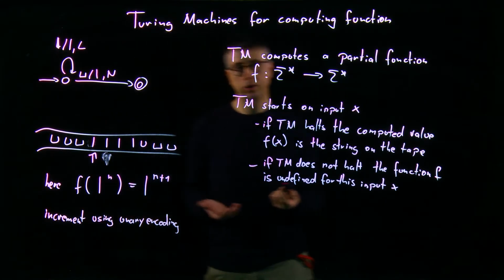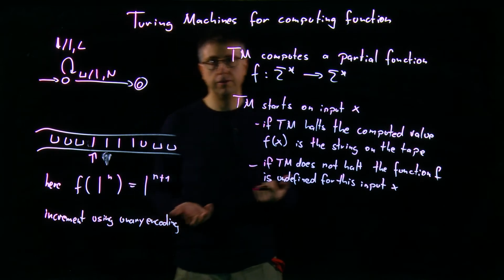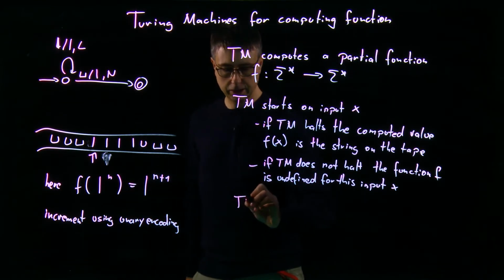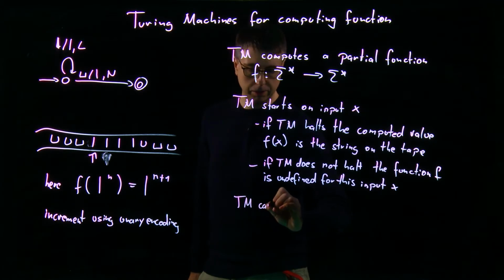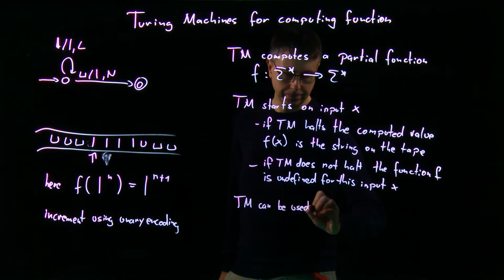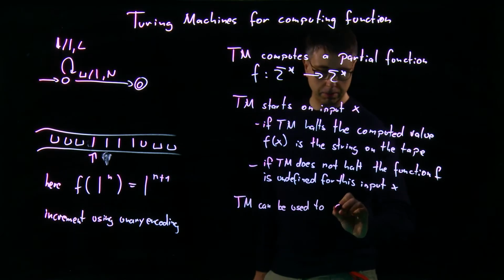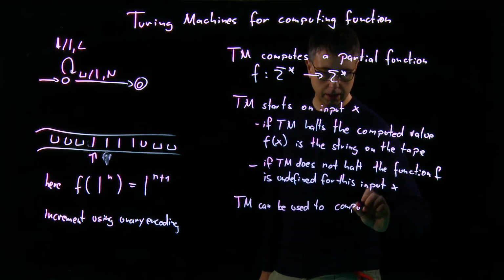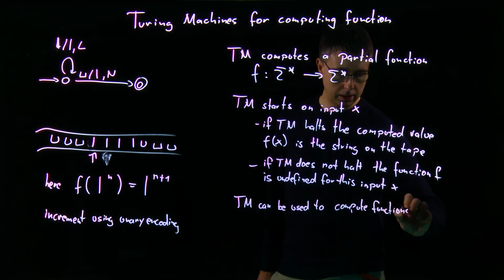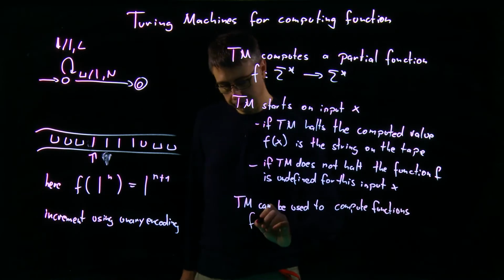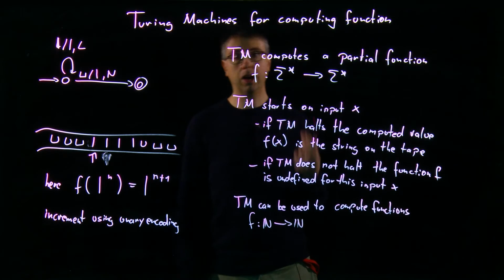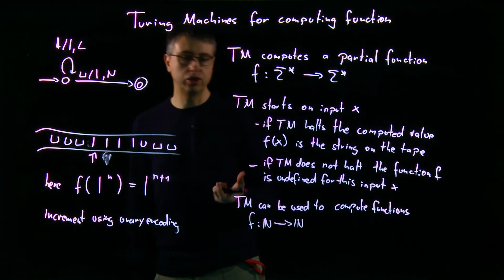And in general, we can use the Turing machines also to compute functions from the natural numbers to the natural numbers. So TMs can also be used to compute functions from the natural numbers to the natural numbers. However, here it is crucial that we have to choose an encoding.